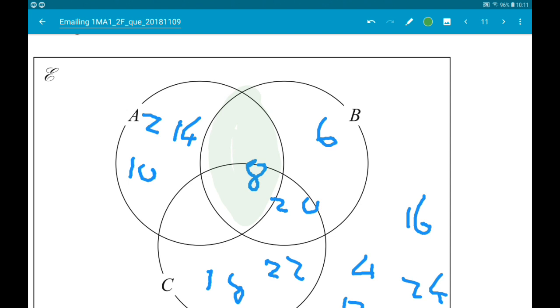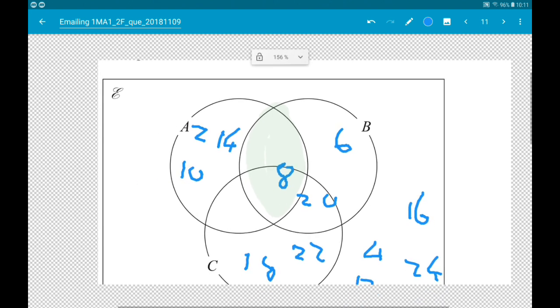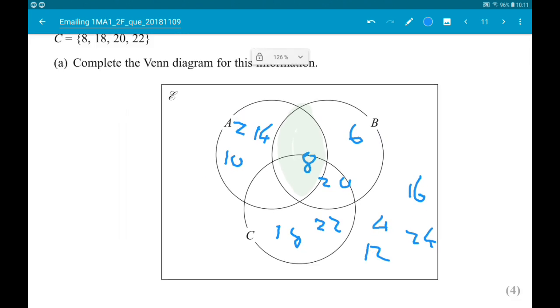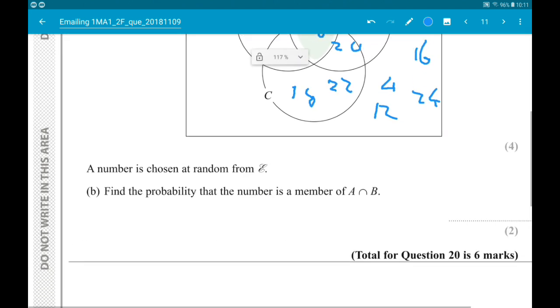So in there is only one number. The set on the whole has 12 numbers, so it's 1 out of 12.